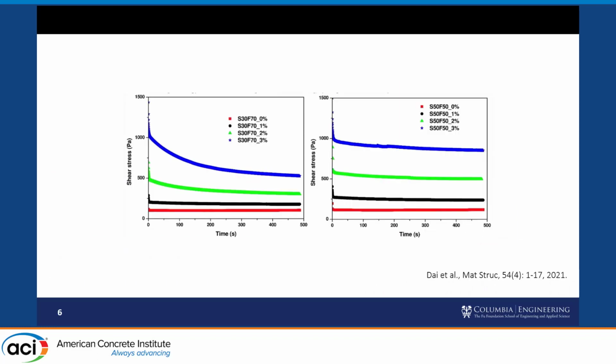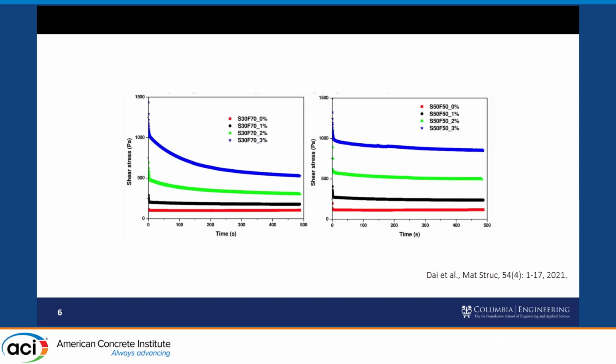But then this is a study on geopolymers, which is a little different, but they looked at different proportions of slag and fly ash. On the left is 30% to 70% slag to fly ash, and then on the right is 50-50. If you look at the base mixes, this is a shear stress profile, a rheological characterization, so some measure of viscosity.